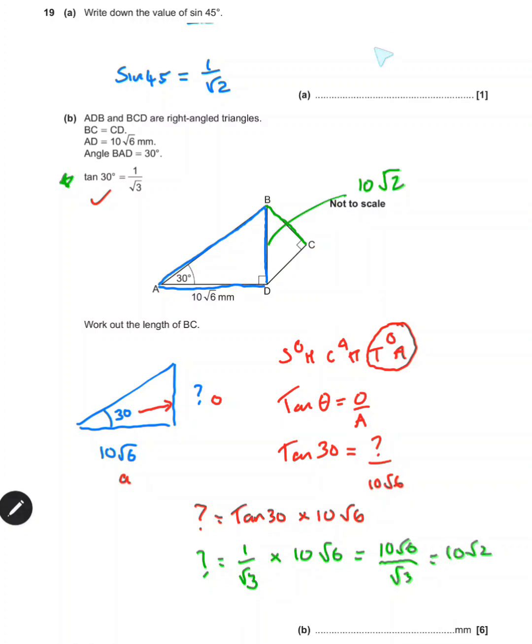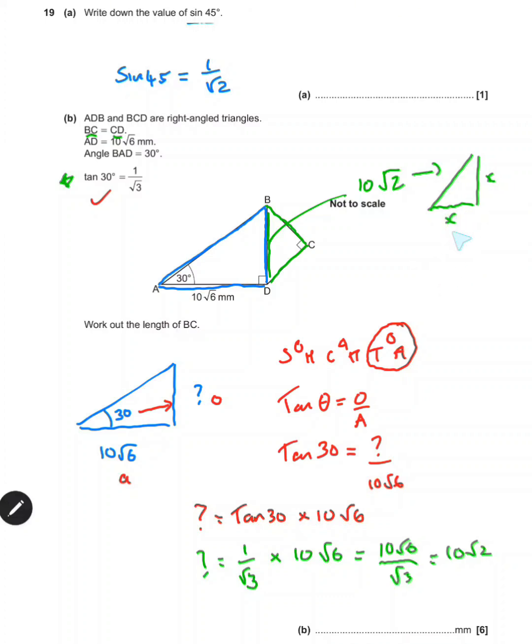So now I'm going to work on this green triangle. I've not left myself much room, but I'll just sketch it out, and rotate it around a little bit. I know that that side is 10 root 2, and it says here that BC is CD, so these two sides are the same.